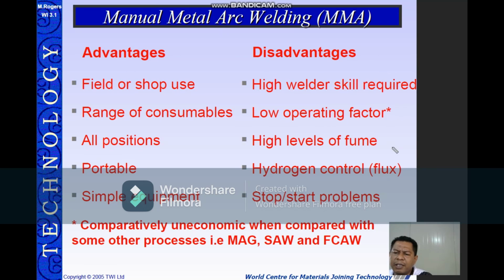It has a low operating factor and a high level of fume. Fume is smoke. There is also hydrogen control, flux, and stop-start problems. When welding runs and then stops and starts again, this needs to be checked.